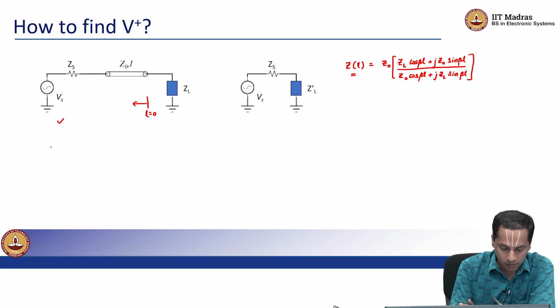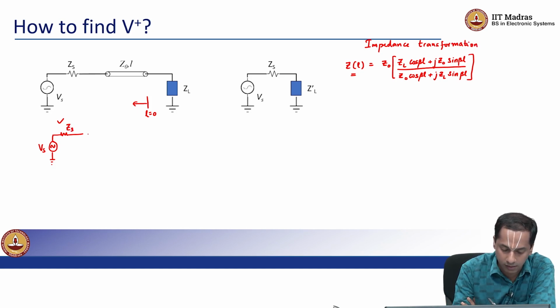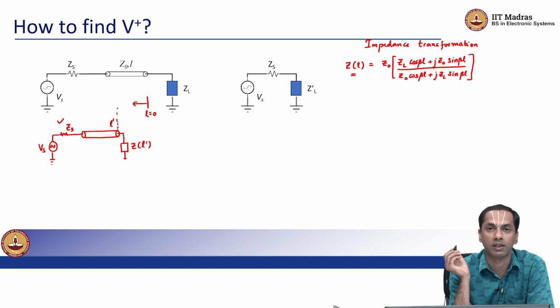So just to pictorize what I just said, this impedance transformation is capturing the idea that there are constructive and destructive interferences, and if I were to truncate the load at some point, say L prime, I can just replace ZL with Z as a function of L estimated at L prime, right.